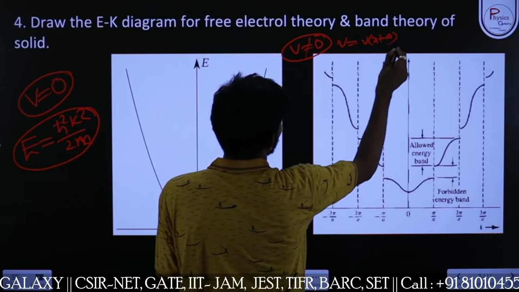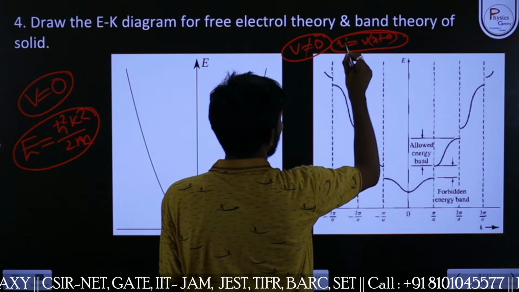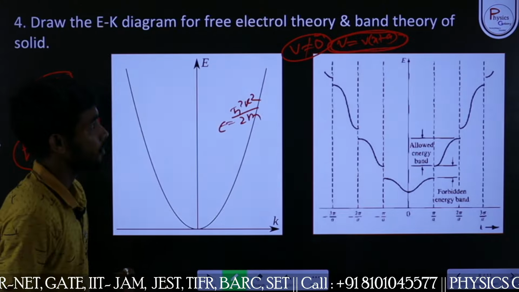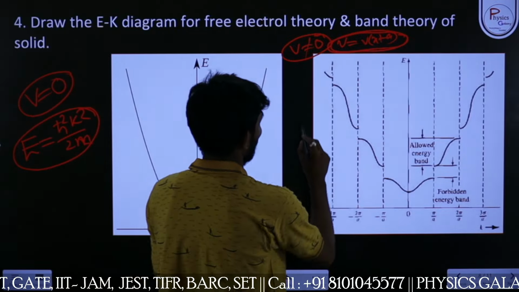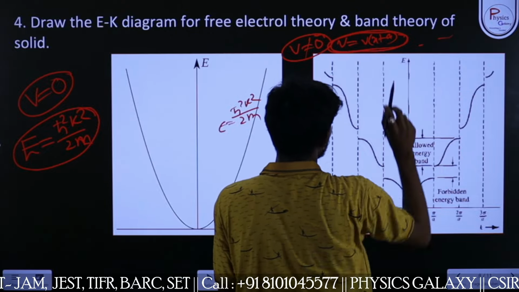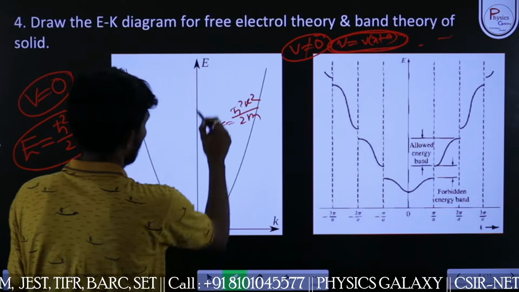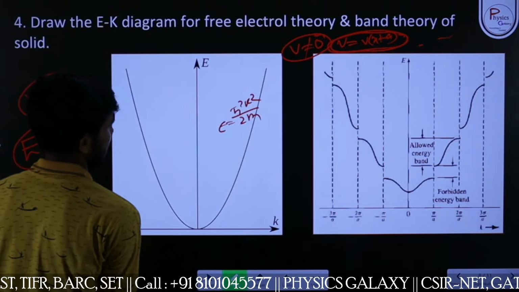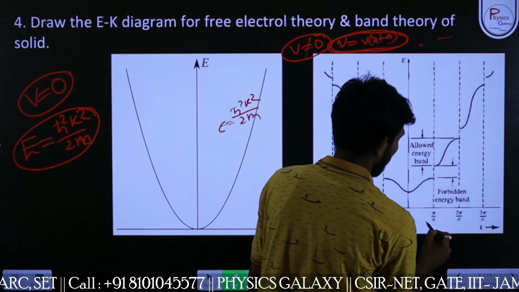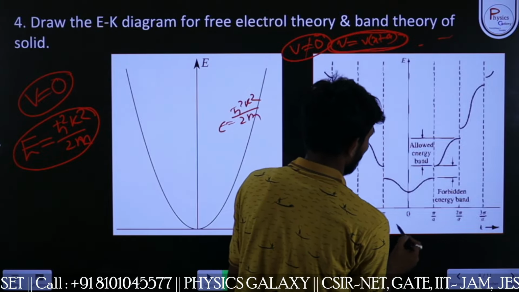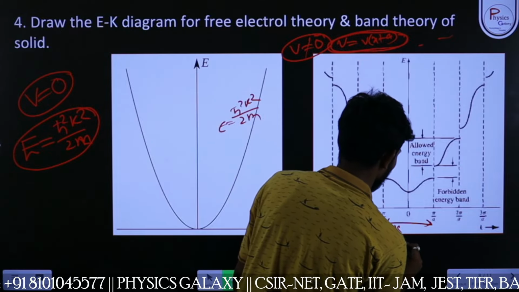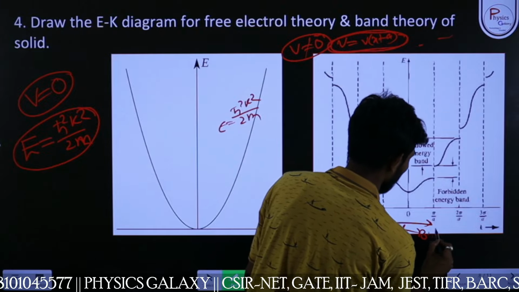When we solve the Schrodinger equation using the periodic potential, we do not get this type of dispersion relation. We get this type of E-k diagram, with the first Brillouin zone from minus pi by a to pi by a.